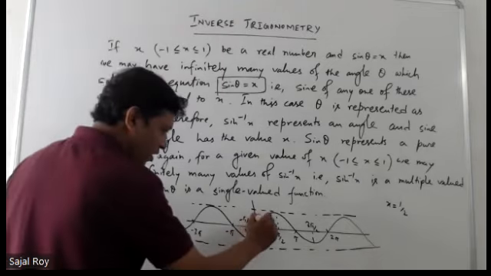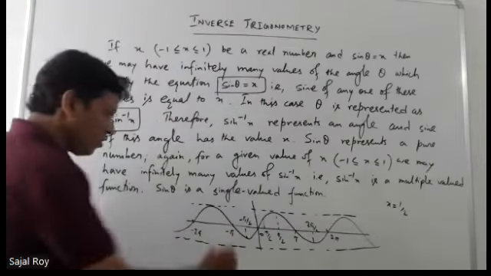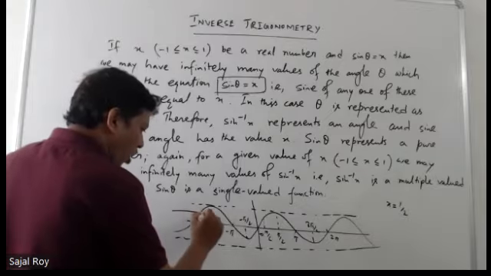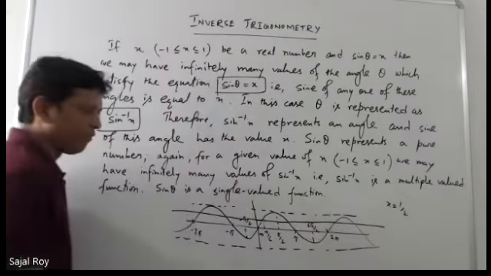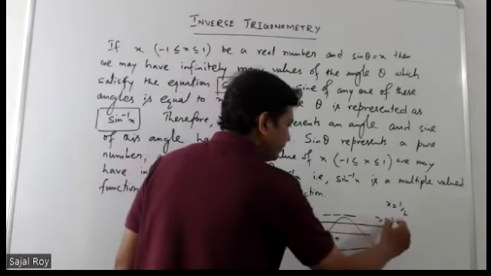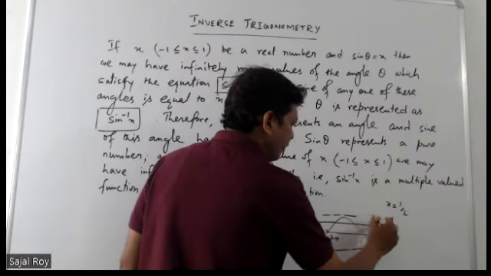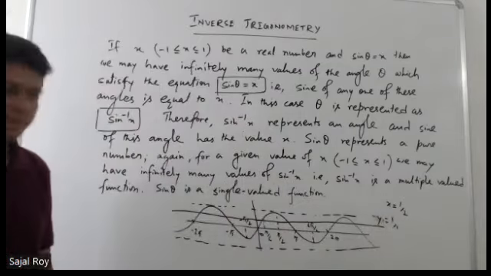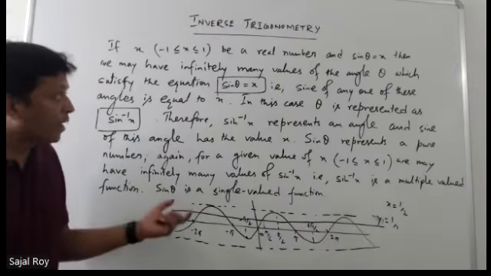So it may be here. Let us draw a line sin theta equal to half. This is your half line. Now, how many values of theta are there?